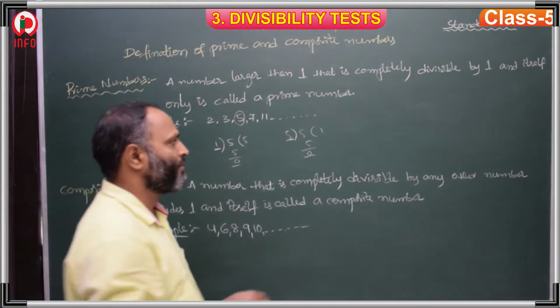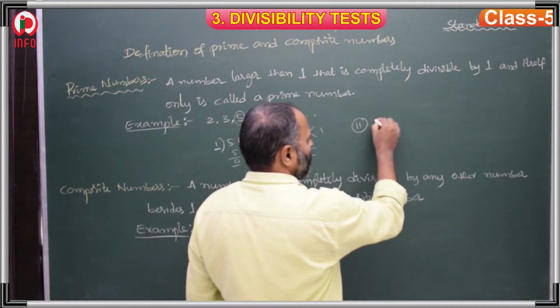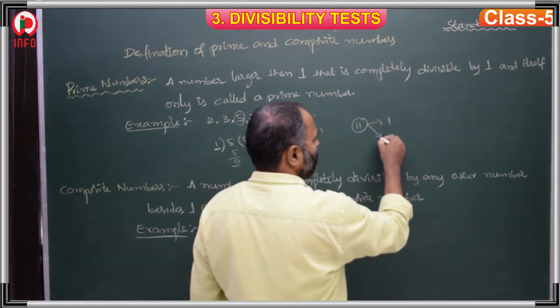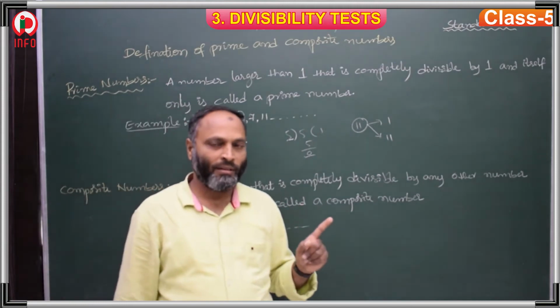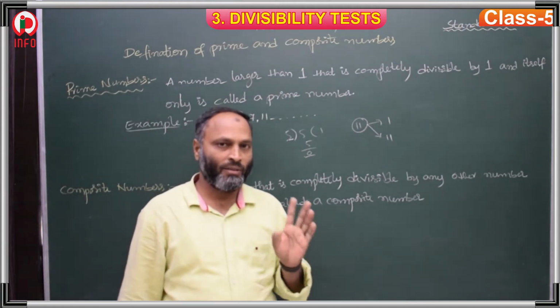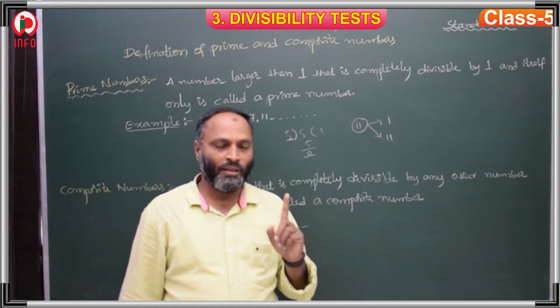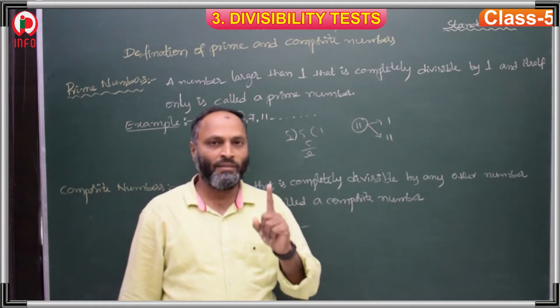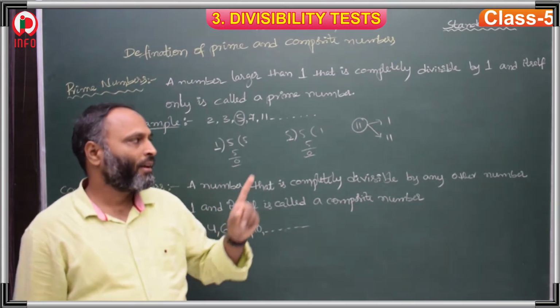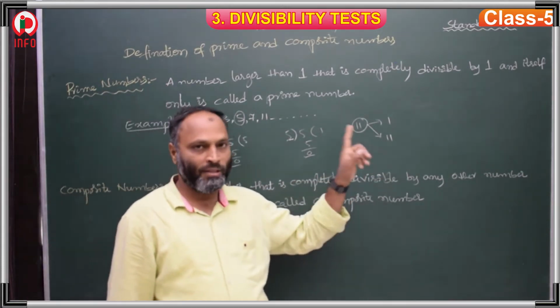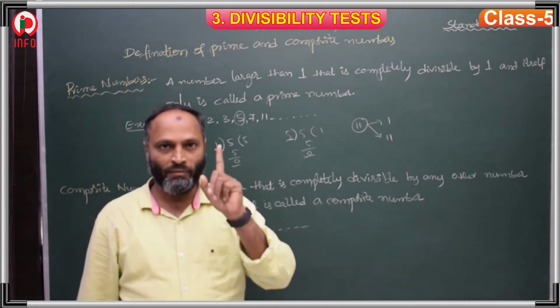In 11 also, 11 is divisible by 1 and divisible by 11. No other number divides this 11. It means 11 is divisible by 1 and itself.